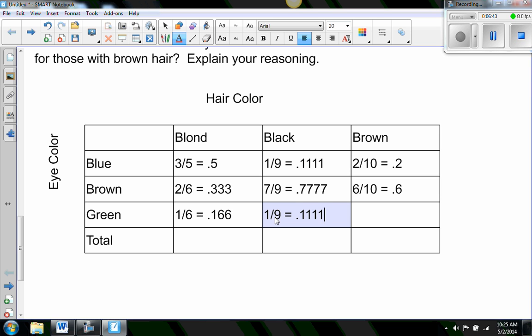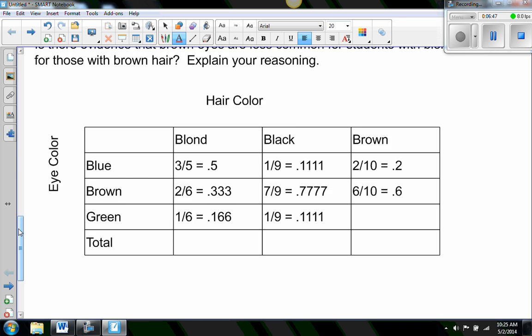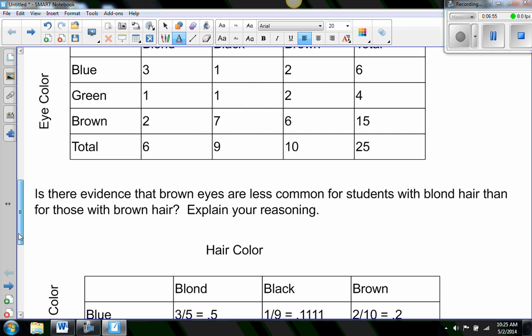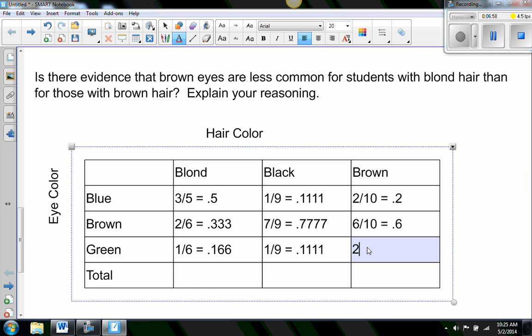So again, 0.111 repeating. Then I have brown hair, green eyes, which would be 2 out of 10. So that's 0.2.